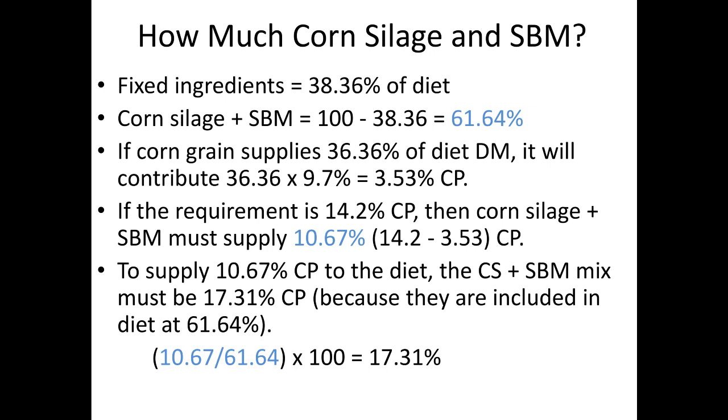So we take that 10.67 and we divide that by 61.64, which is the amount of corn silage and soybean meal in the diet, times 100, and that's 17.31%. Okay, please pay attention to that calculation. Make sure you understand that, because that's where I see a lot of students slip up in these formulations, is they forget that step.